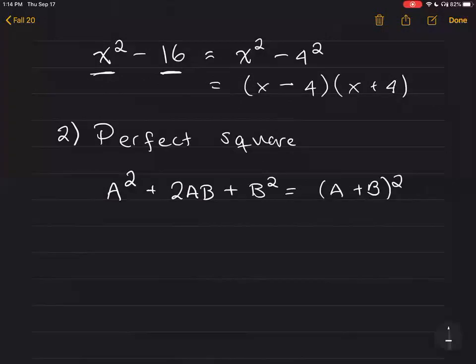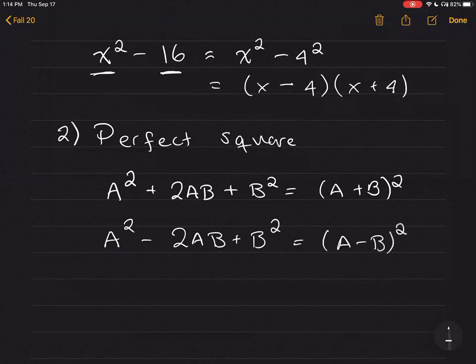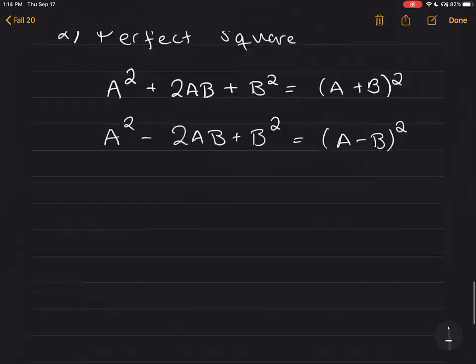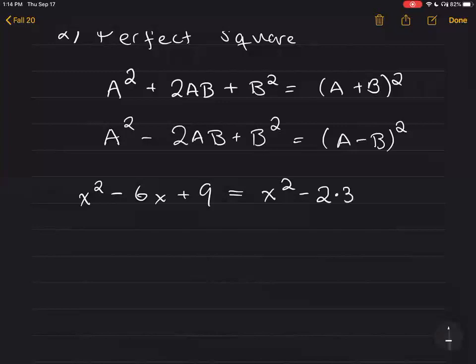Kind of the same idea: if you have a squared minus 2ab plus b squared, this is a minus b, squared. To see this in action, if we had x squared minus 6x plus 9, what you might note about this polynomial is that we can write it like this. x squared minus, and then 6 is 3 times 2, so I'm going to write this as 2 times 3 times x, plus, and then 9 is 3 times 3, so we've got 3 squared.